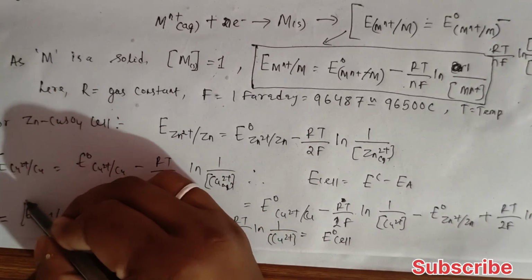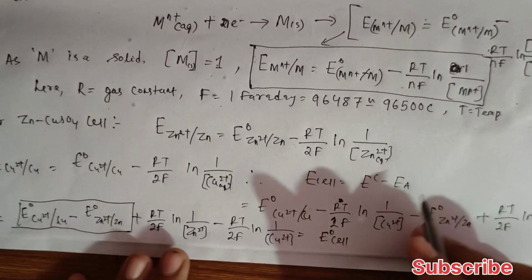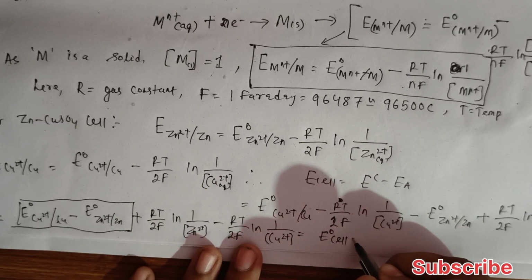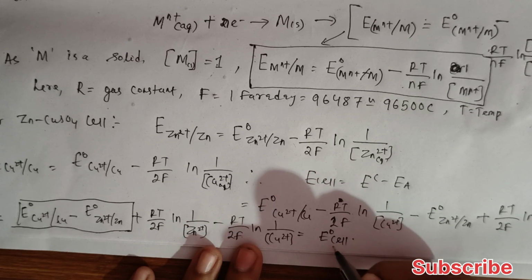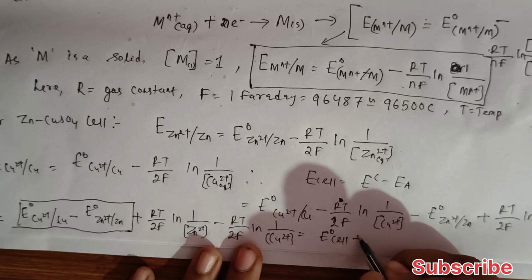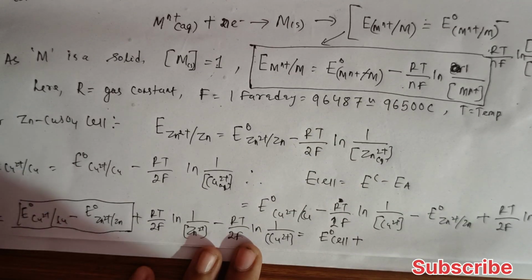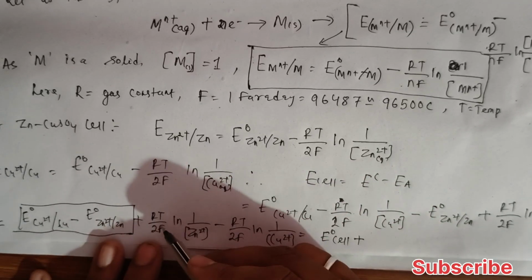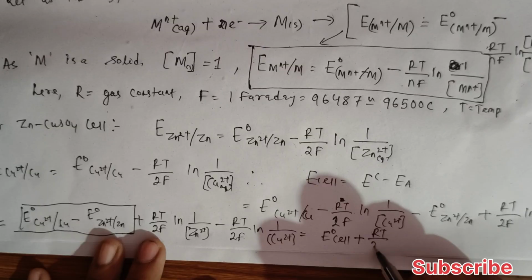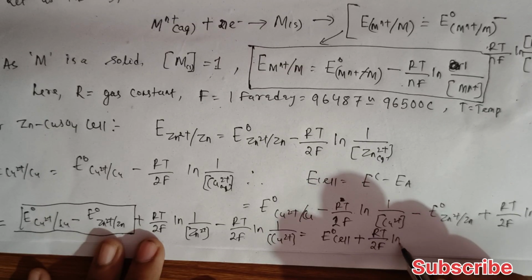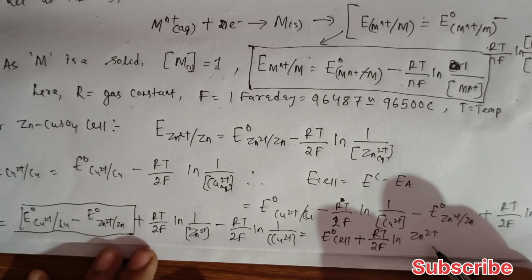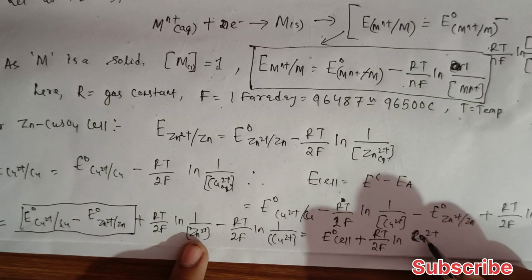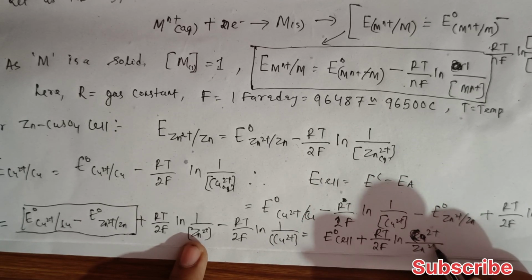Now if I take RT by 2F common, E cell is equal to E naught cell plus RT by 2F ln of Zn2+ by Cu2+.